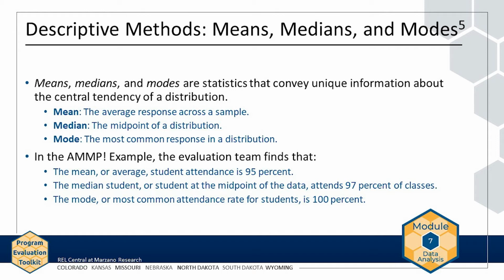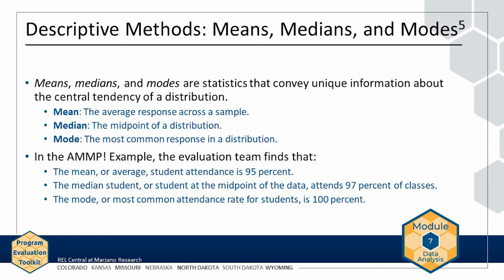For instance, in the AMP example, the evaluation team wants to examine measures of central tendency for math class attendance. The attendance rates for 5 students are 82, 96, 97, 100, and 100%. The team finds that the mean or average student attendance is 95%.